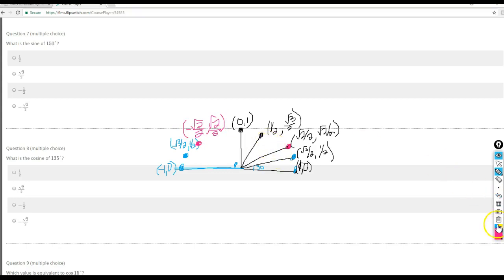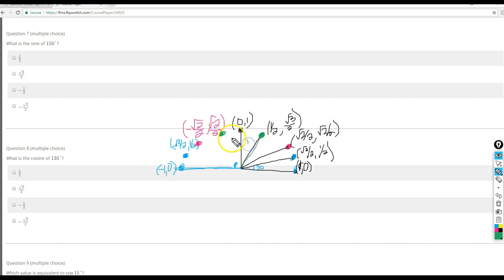And then if I were to reflect this point, the reference angle of 60, if I took 60 from 180, that would leave me with 120. And since now we're going to the left, the distance from the center to this point didn't change.